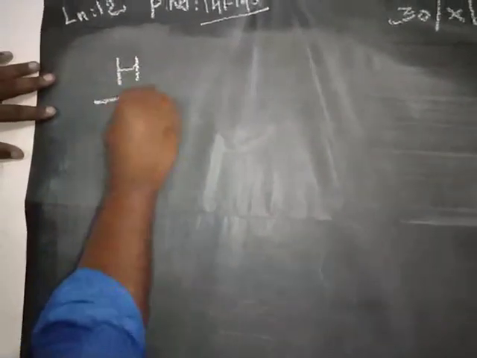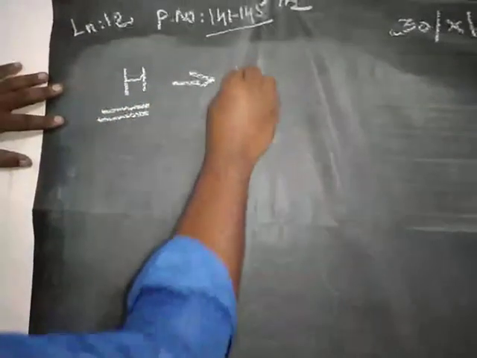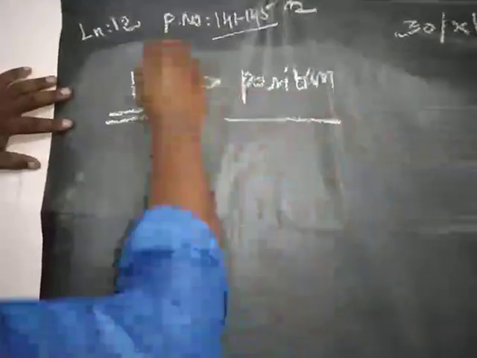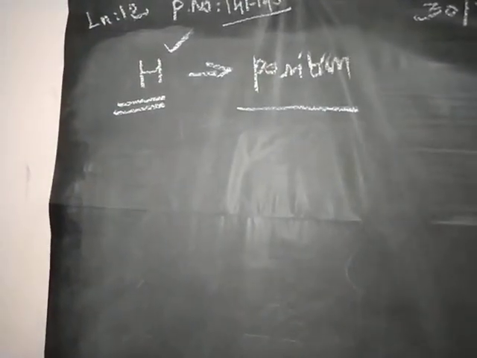Hydrogen is a gaseous element, so it will not come under the solid or liquid category. What is the symbol of hydrogen? H.